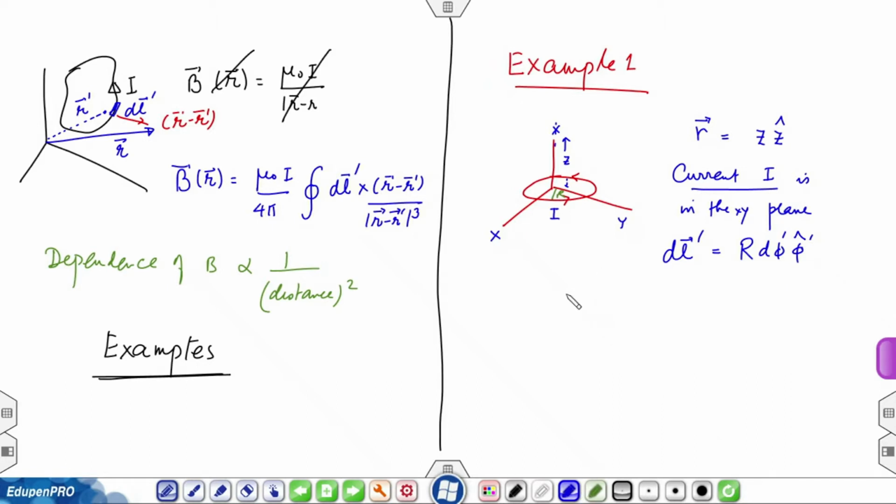If I were to write dl prime in the Cartesian coordinates, it is also going to be equal to dx, it's in the phi direction. So, I can write this as dx, let us see.